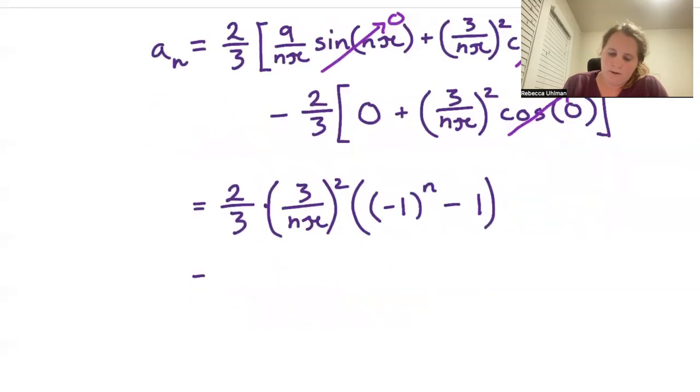Or in other words, we will have a 6 over n squared pi squared times -1 to the n minus 1.